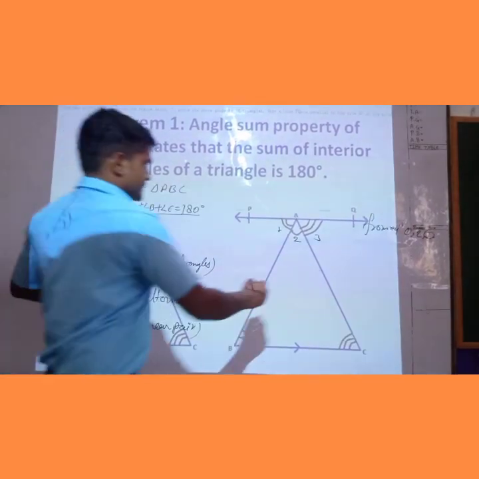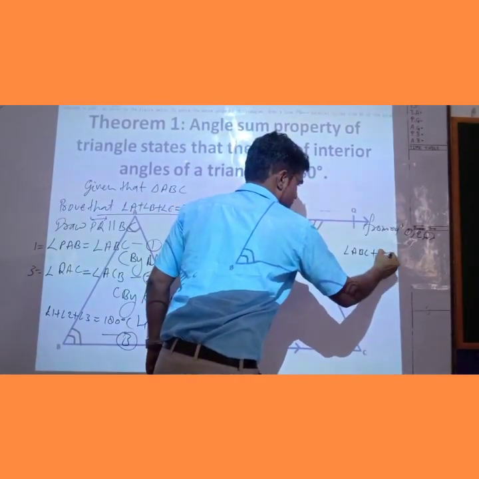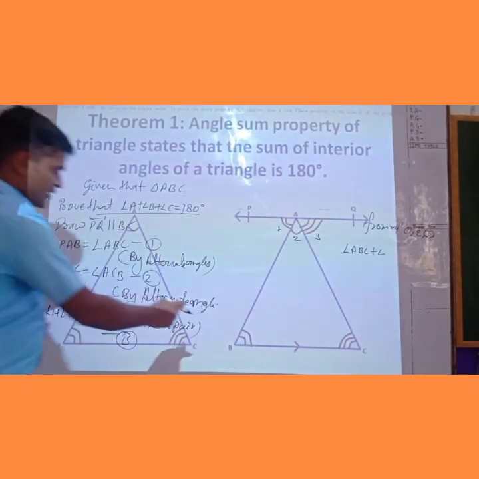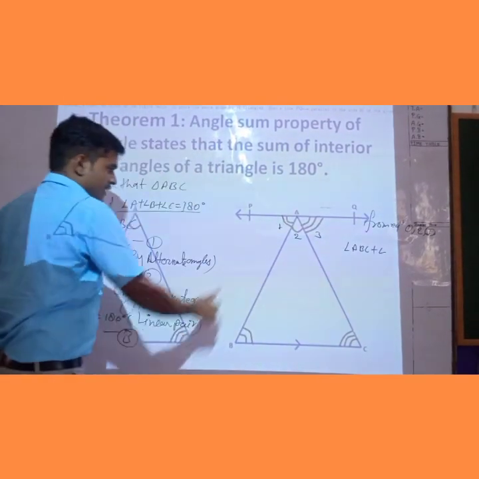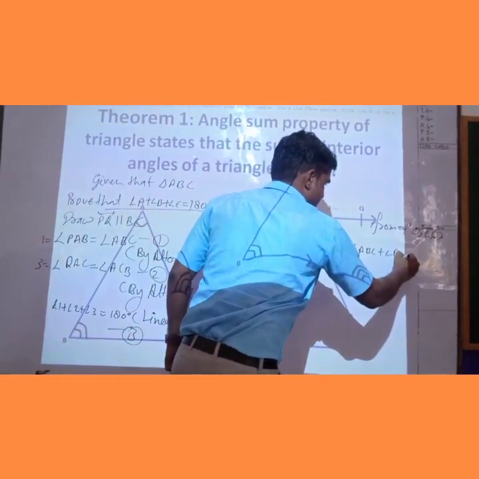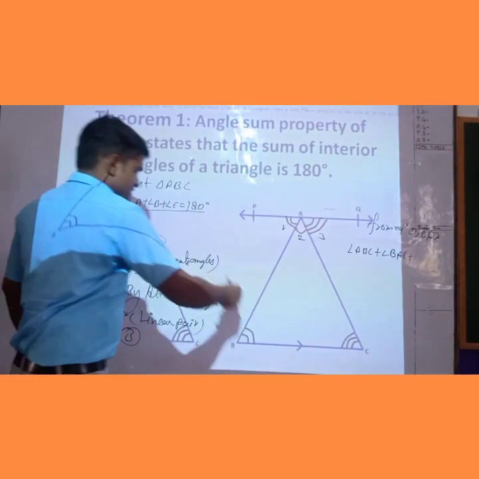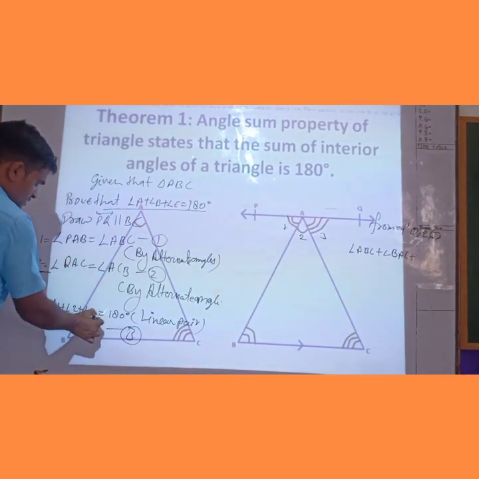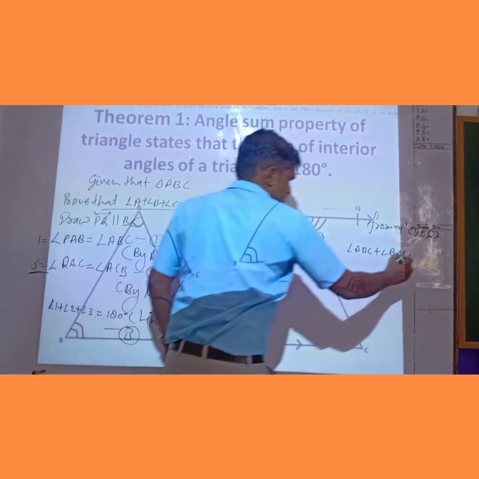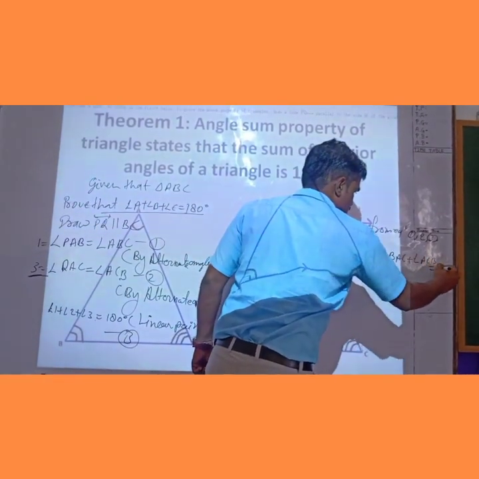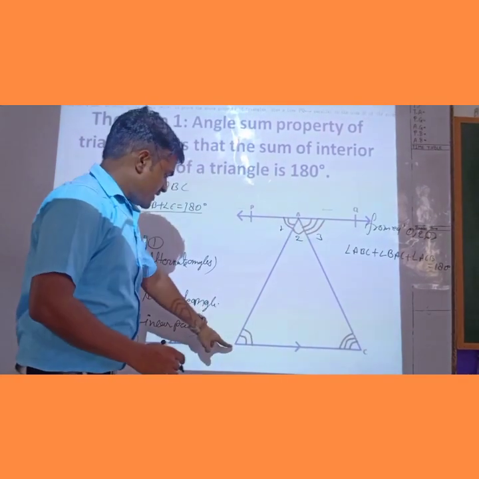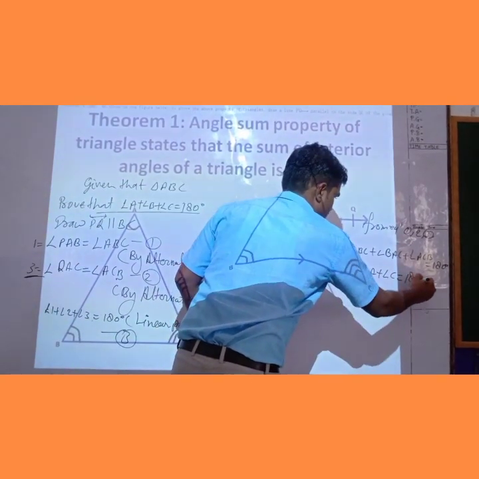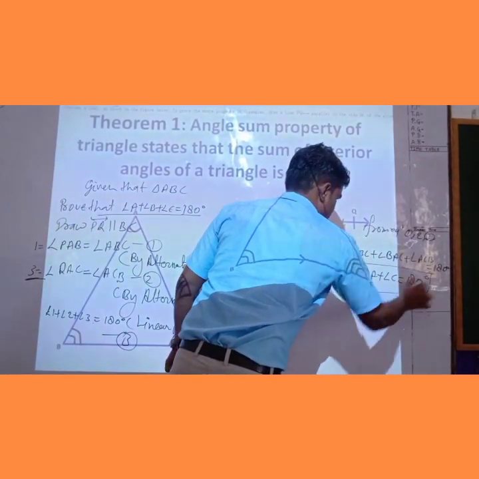Angle ABC plus angle BAC plus angle ACB, where angle 3 is angle ACB, is equal to 180 degrees. So angle B plus angle A plus angle C is equal to 180 degrees. It's good.